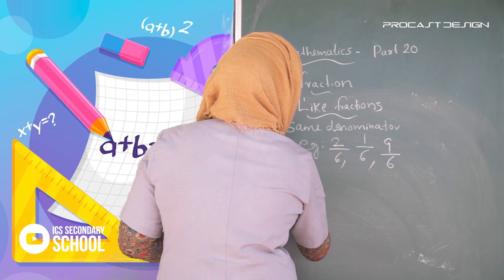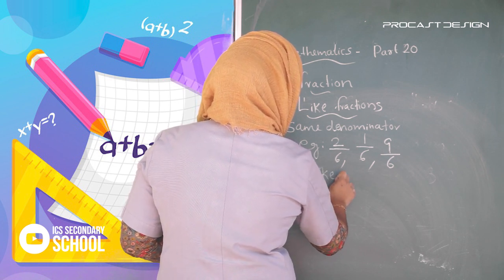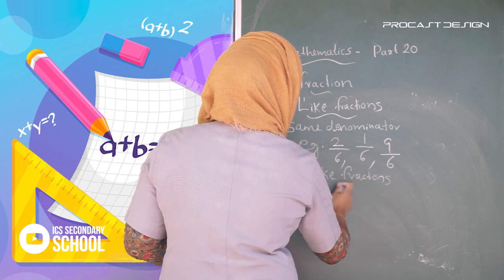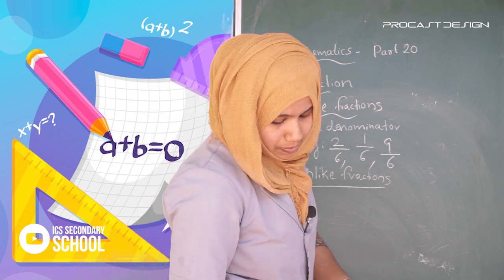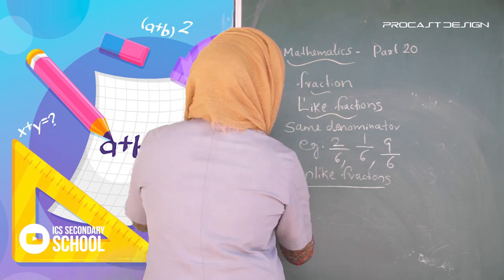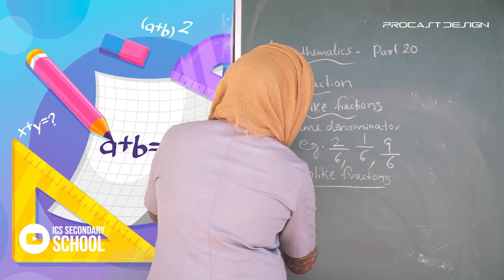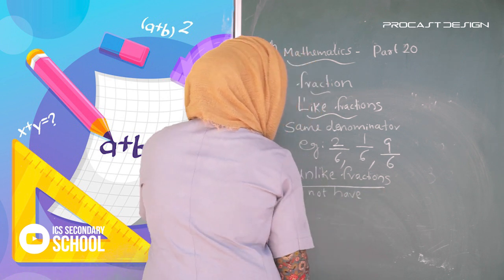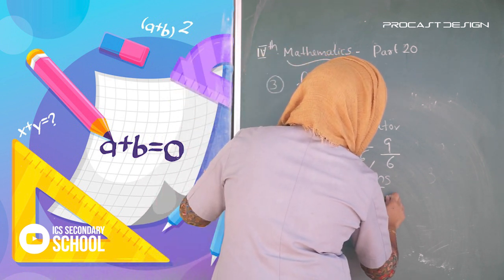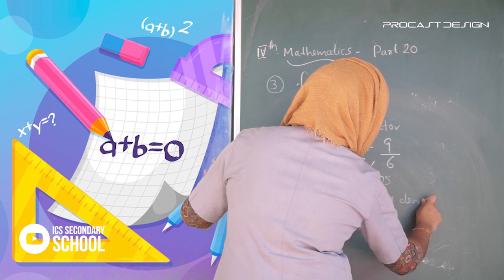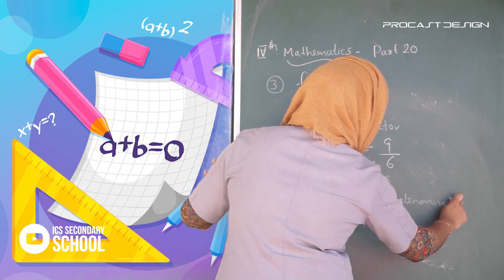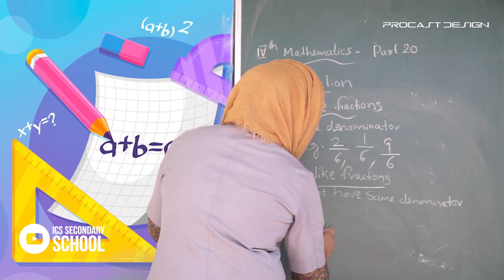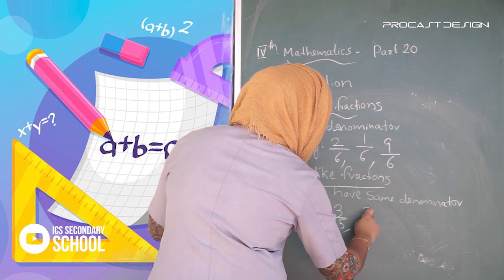Next is unlike fractions. They do not have the same denominator, like 1 by 8, 3 by 5, 2 by 7.